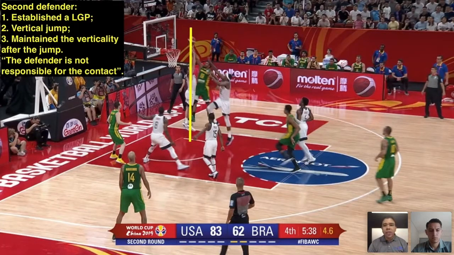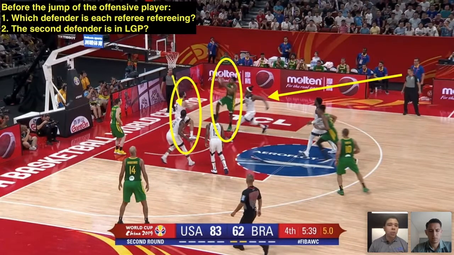Question: did he establish a legal guarding position before, did he jump vertically, and did he maintain that verticality? If so, that defender is not responsible for the contact.